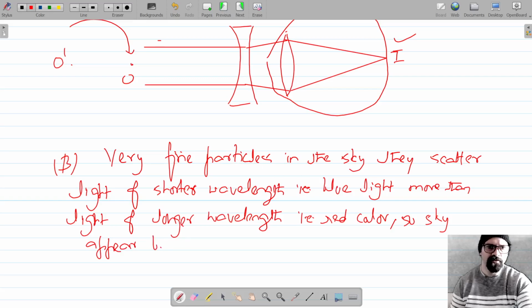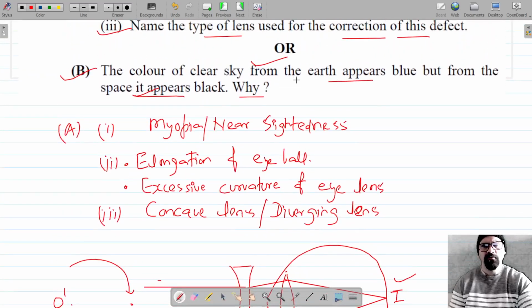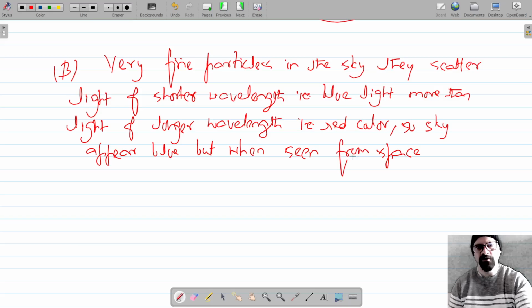But when we see this from high altitudes, the question is why it appears black from space. When seen from space, we are out of the atmosphere of the Earth.